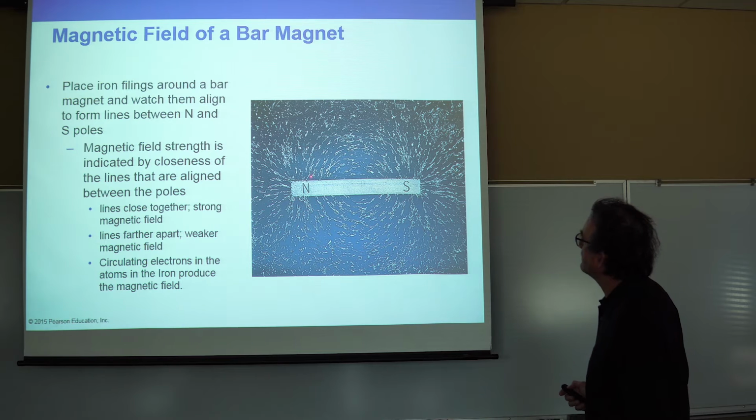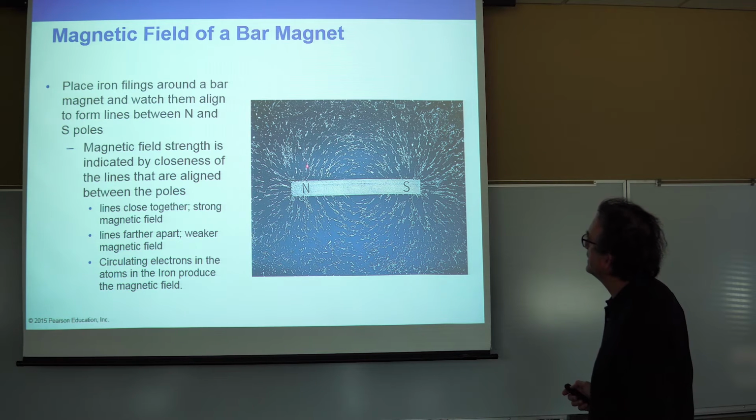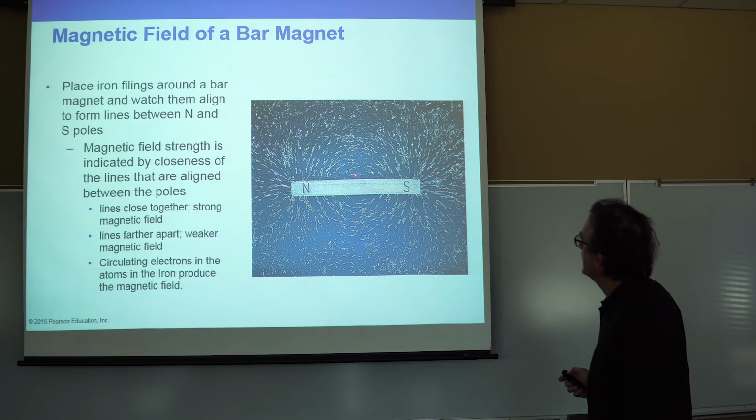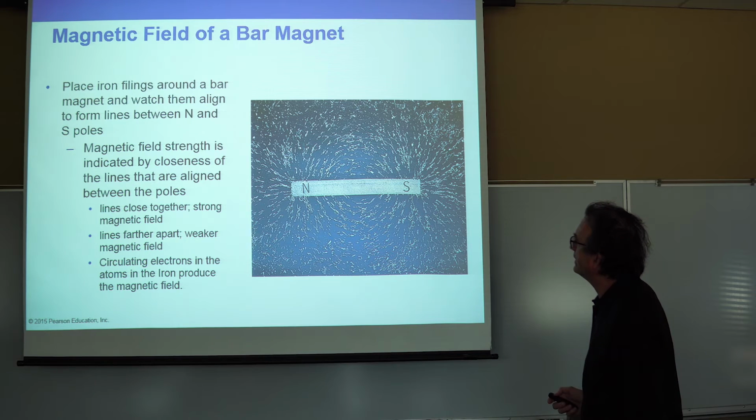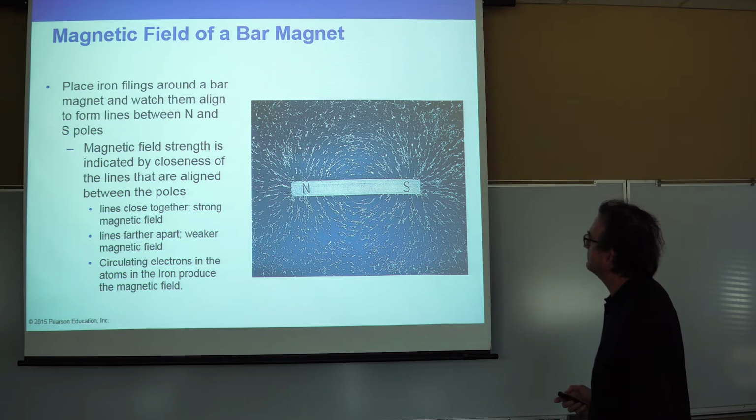In other words, we have a higher density of filings near the North Pole, and you see them to be more concentrated near the poles, and there are fewer filings in regions where I'm pointing here midway between the poles, and that is where the magnetic field is the weakest.